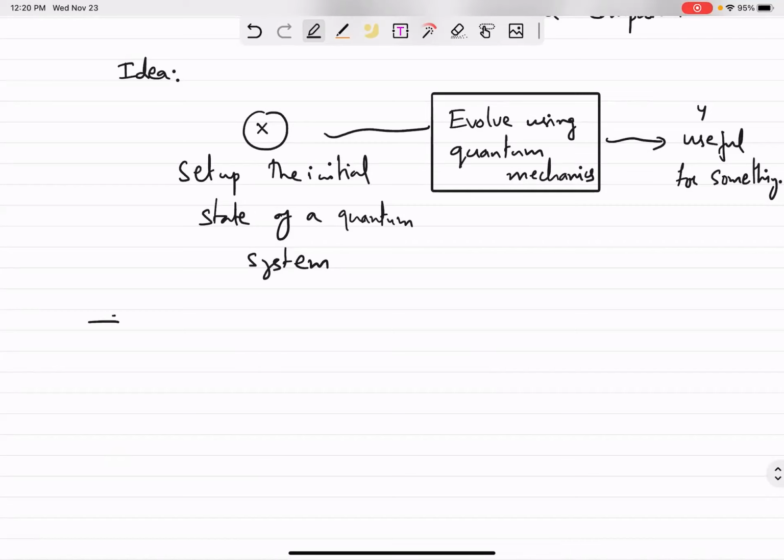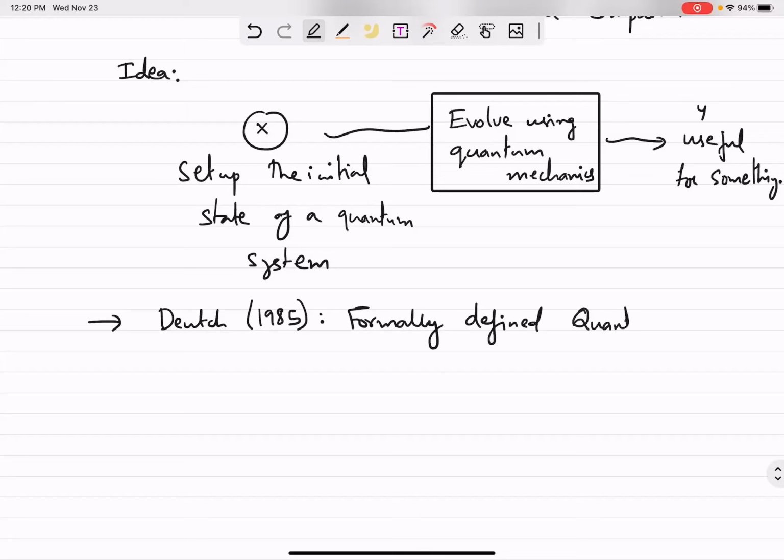Okay. And this was made much more formal by David Deutsch in 1985, who formally defined quantum Turing machines. Okay, and it's no surprise that when you wanted to define a quantum computer, the right thing to generalize is quantum Turing machines.